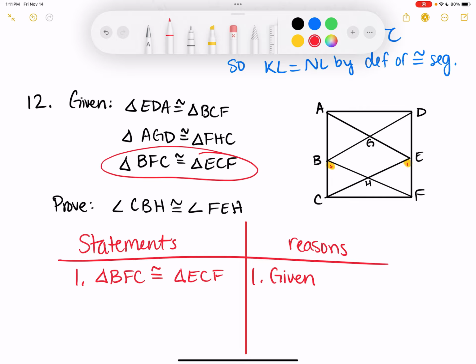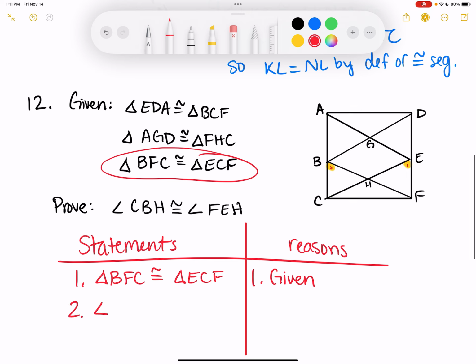If I know that the triangles are congruent, that means everything about them has to be congruent, down to their angles and their side lengths. What does that mean about this angle and this angle? They have to be congruent. So, easiest proof ever. Angle CBH is congruent to angle FEH because of CPCTC. And your proof is done.